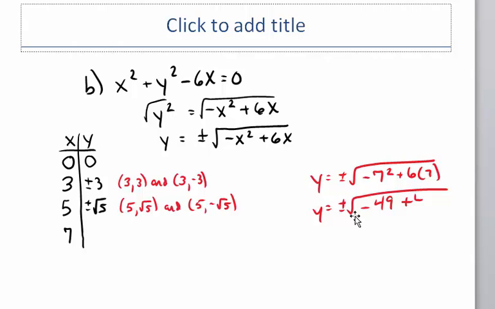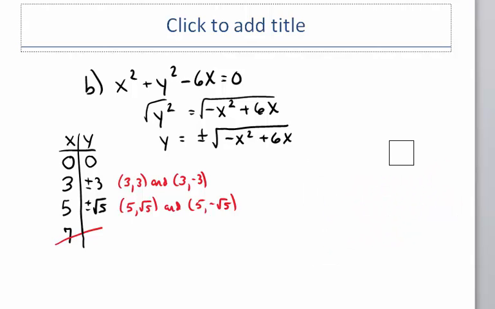So y is equal to, sorry about that, y is equal to plus or minus the square root of negative 7. All right, and we know that we really can't take the square root of a negative number, so what we've ended up doing here is choosing a value for the x that's not defined for this function. So I am just going to cross this out, and I'm going to work with the 3 that I have, and if I need to come back and add another one in just a minute, I will.